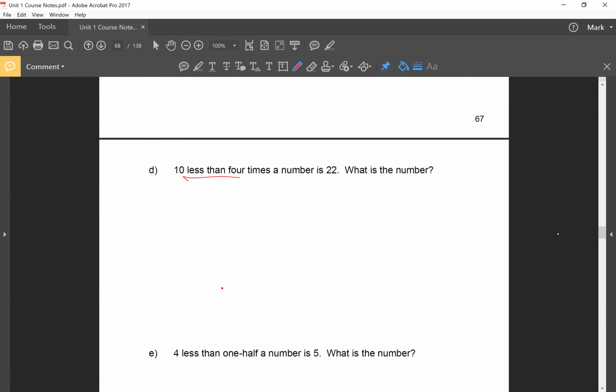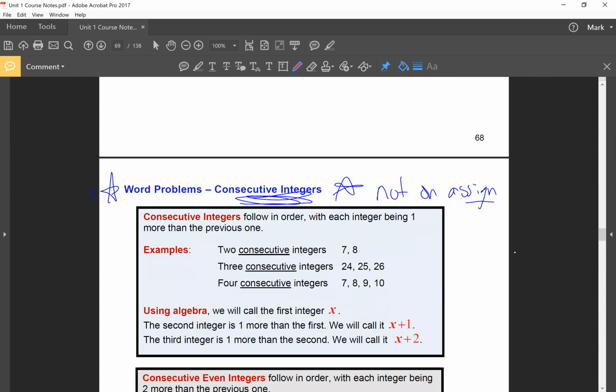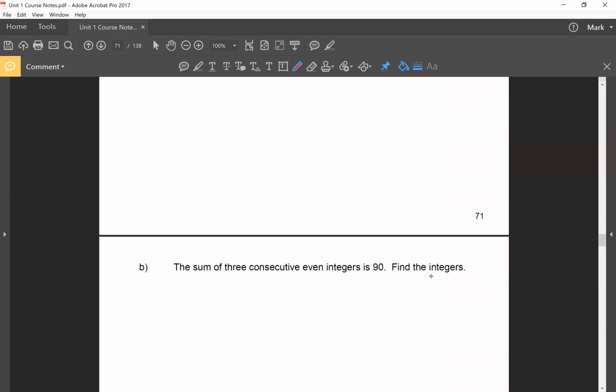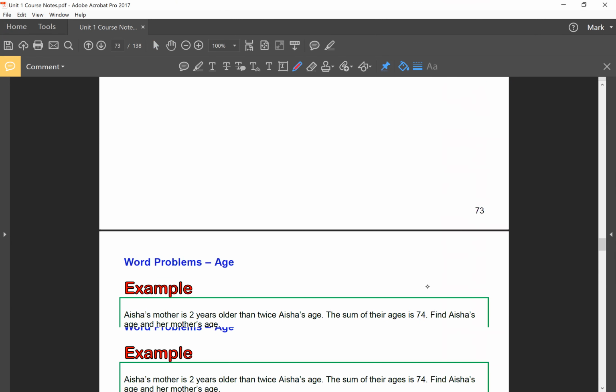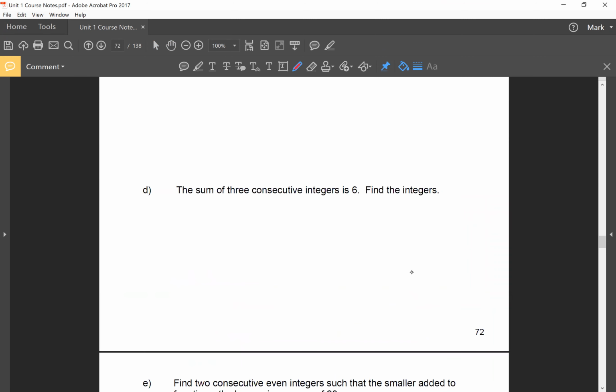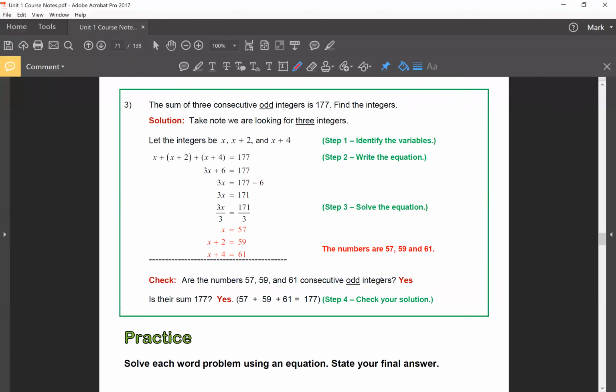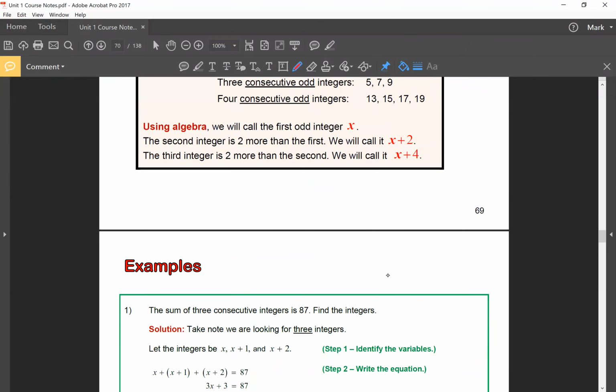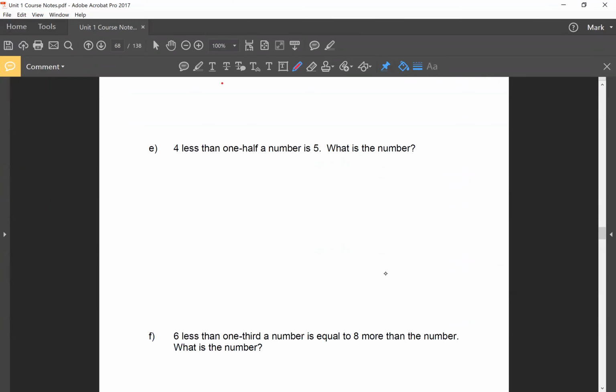Then we're going to look at consecutive integers, and then that might be it for today. Oh, we might get into age as well. We obviously have to finish today by around 12:05, so whatever we can get done in the next little bit.